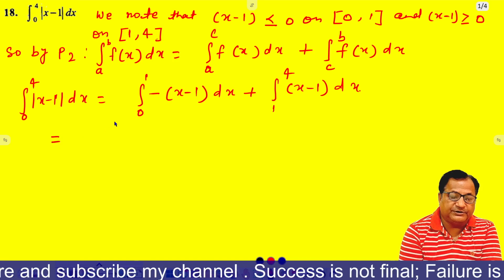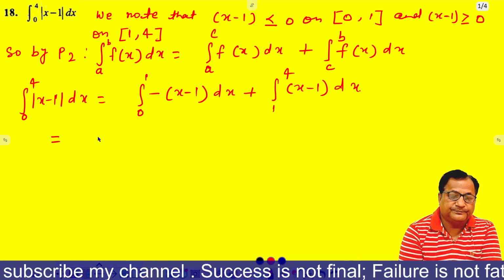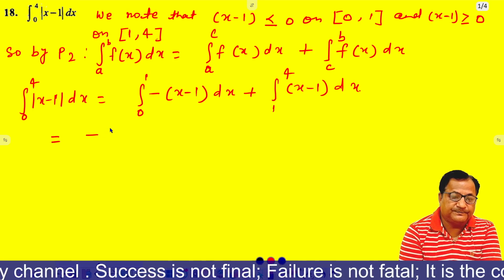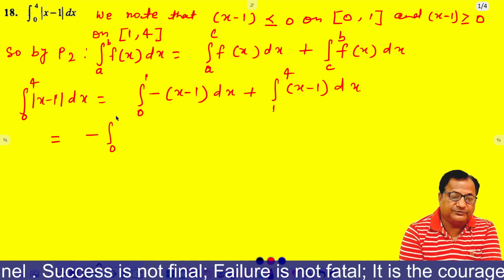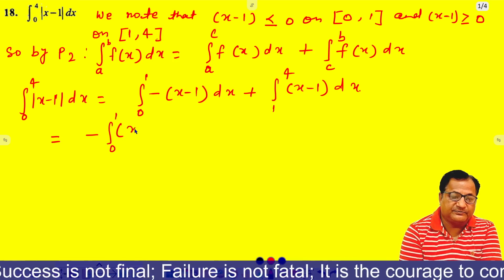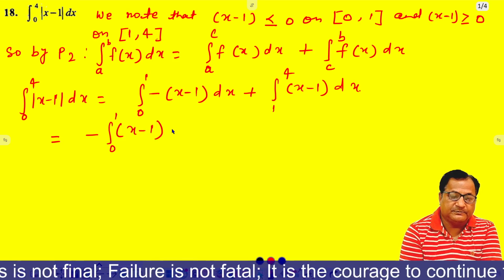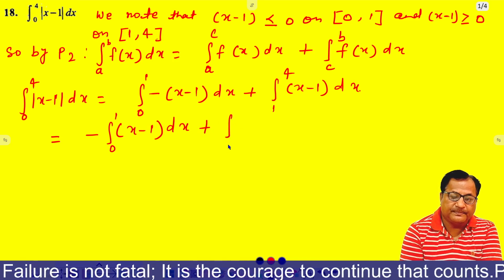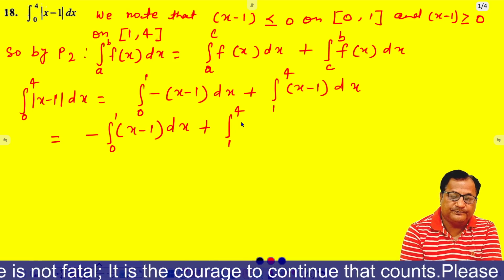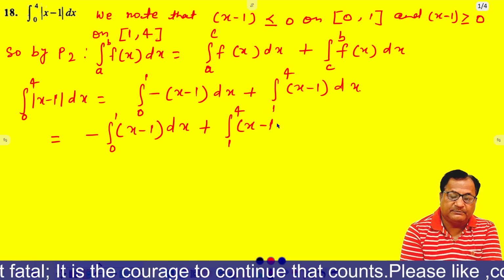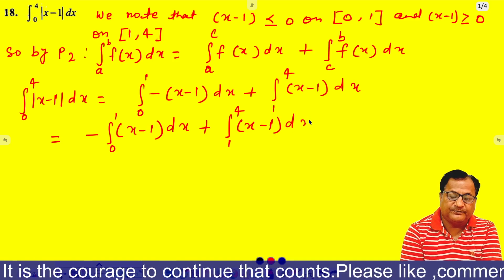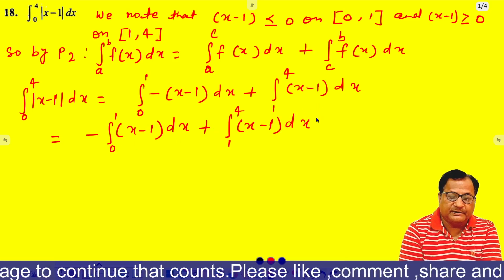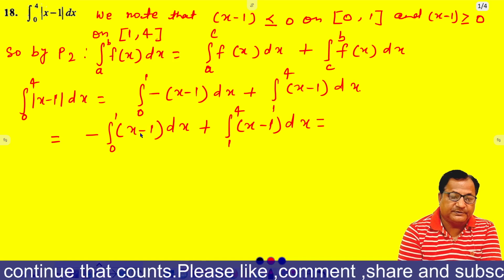Now we will integrate this. This will be minus, we will take it outside, the integral from 0 to 1 of (x minus 1) dx plus the integral from 1 to 4 of (x minus 1) dx. Now we will integrate this.